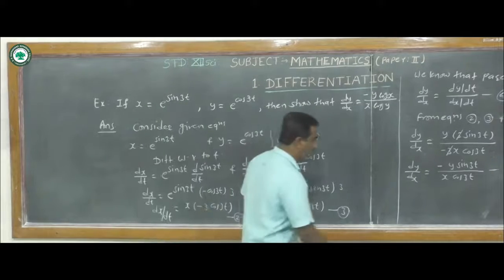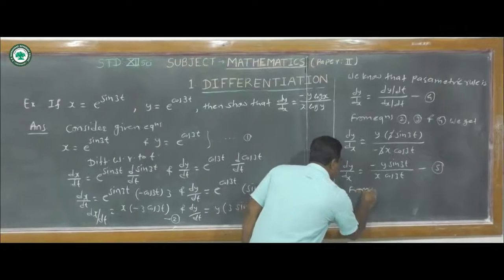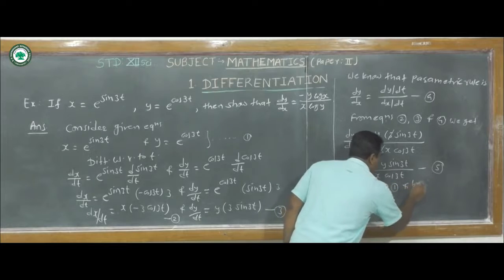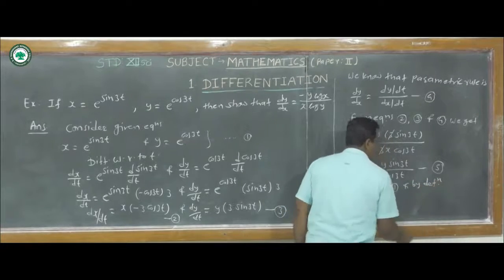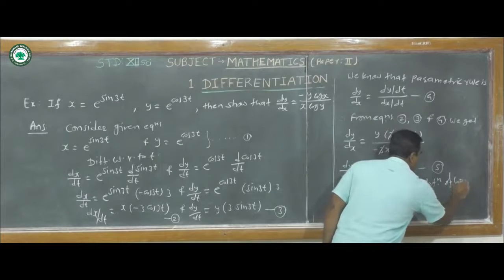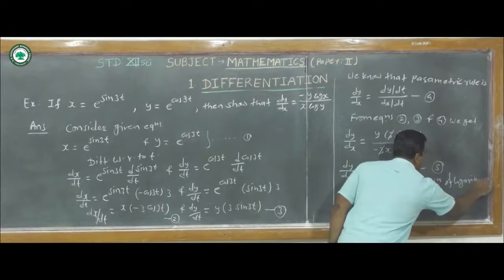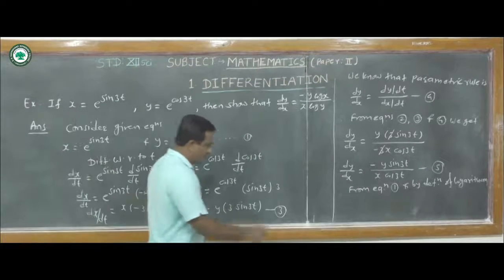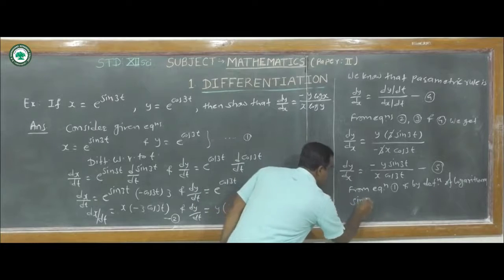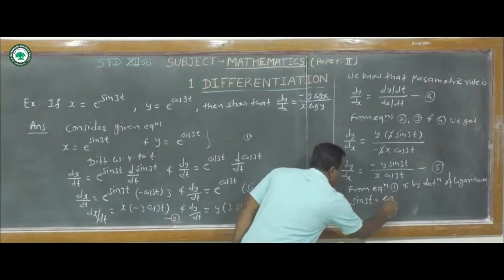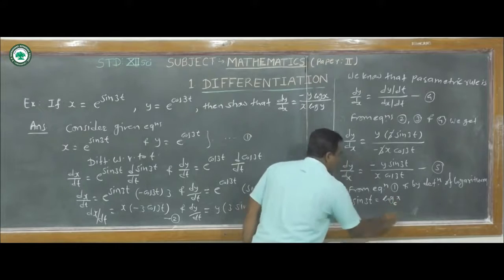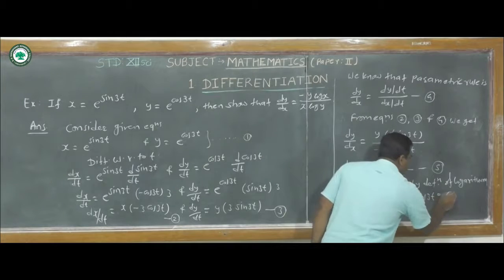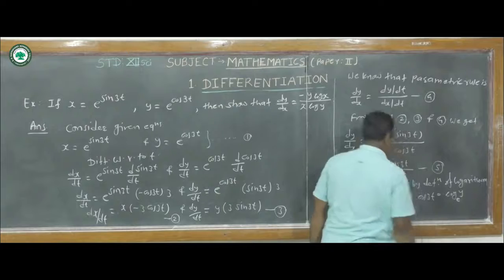You can write here from equation first, and by definition of logarithm, we write sin 3t equal to log x to the base e, and cos 3t is equal to log y to the base e.